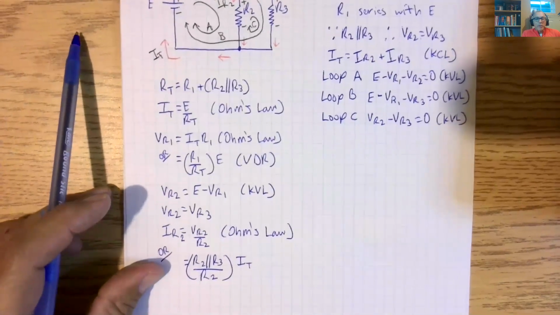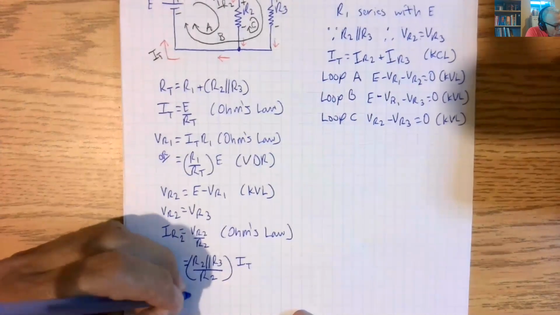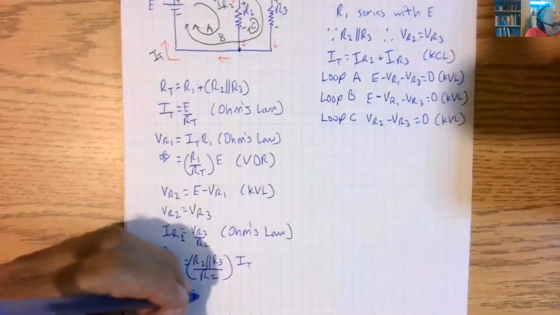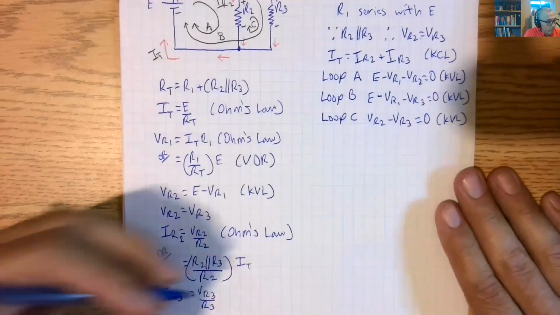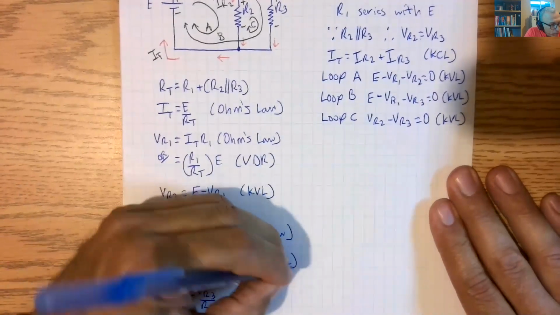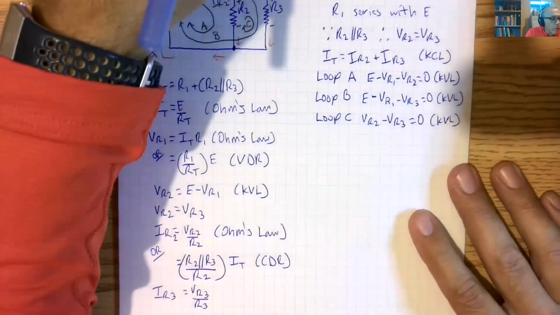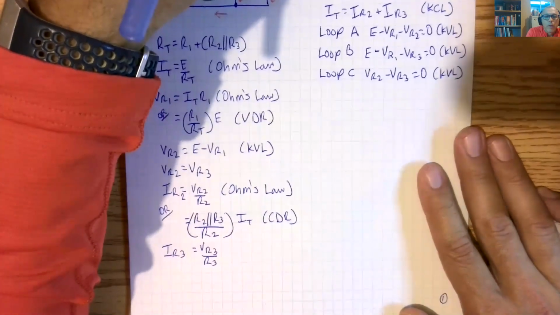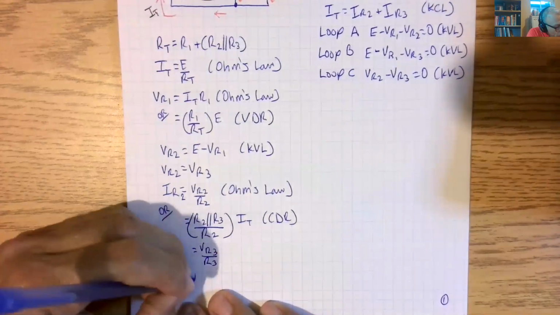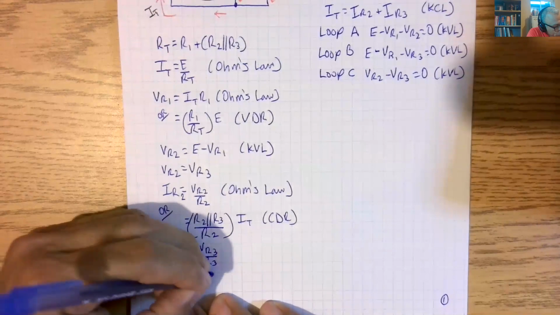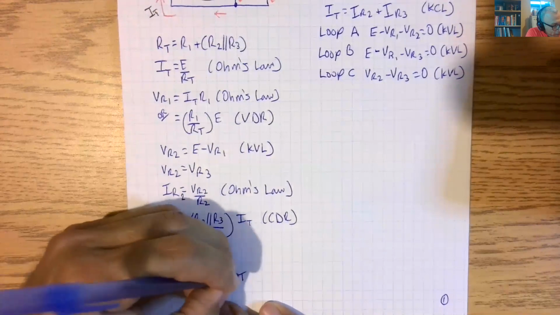So we have IR2. So IR3, we have three ways to figure out IR3. IR3 is equal to VR3 over R3. That's Ohm's law. It's also equal to R2 in parallel with R3 over R3 times IT.